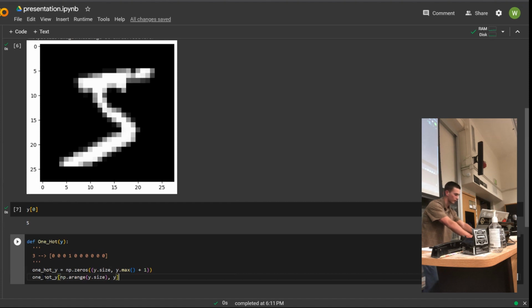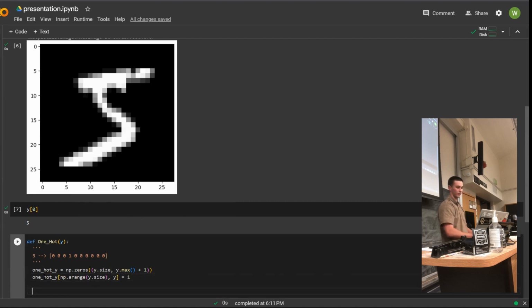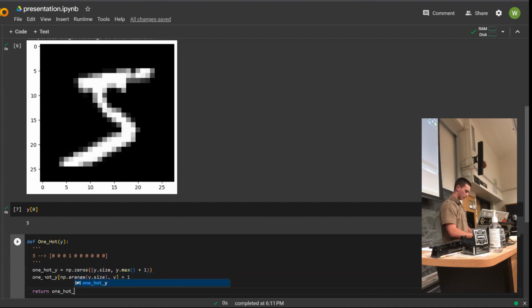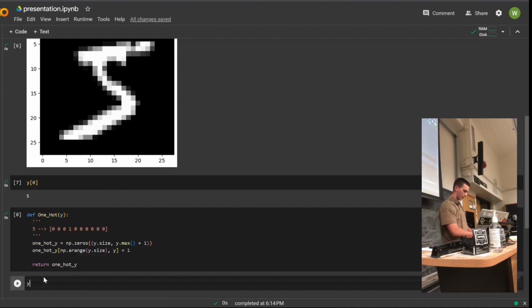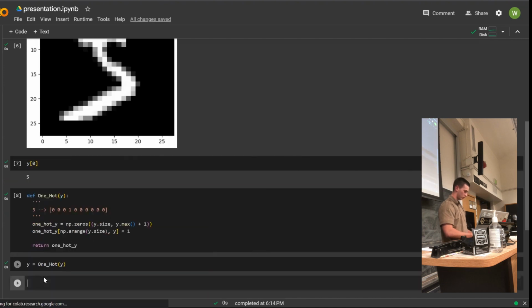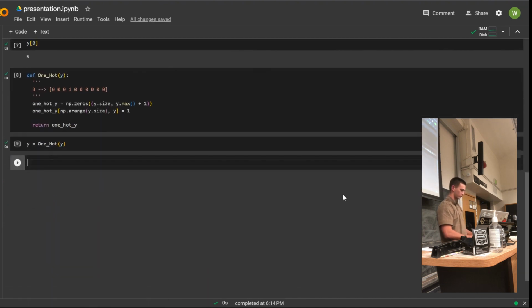We say that that's equal to 1, and that's our one hot encoder, right? Because y will specify the index of that array, and then we're going to return this. And then we transform our set of integers.